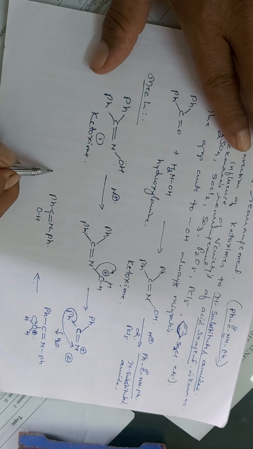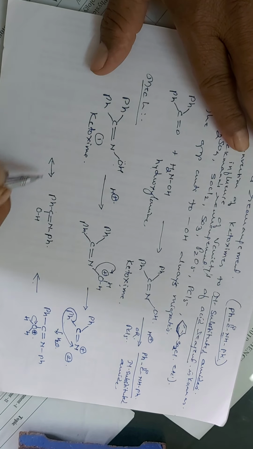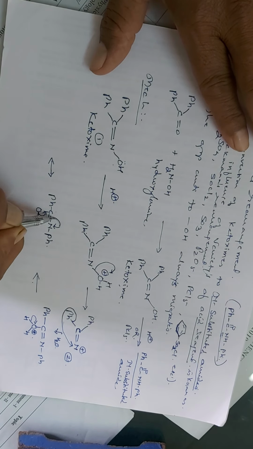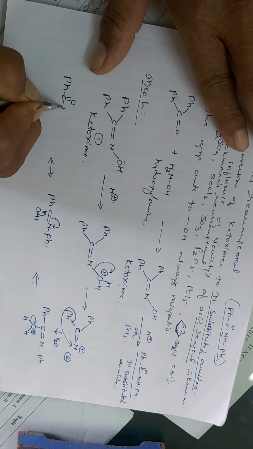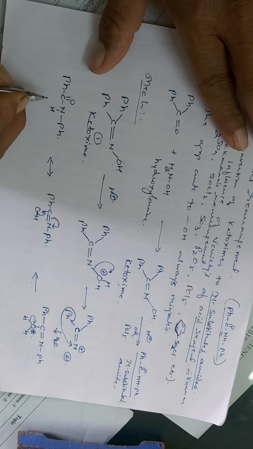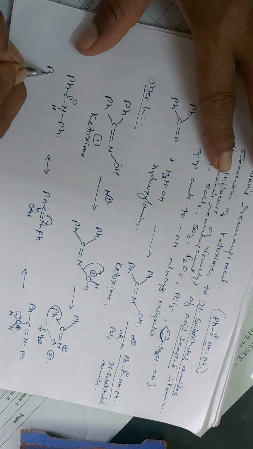Now this undergoes resonance in this way. This electron pair is shifted here, and this electron pair is shifted here. So you get Ph C double bond O, NH and Ph. This is your N-substituted amide, that is benzanilide.